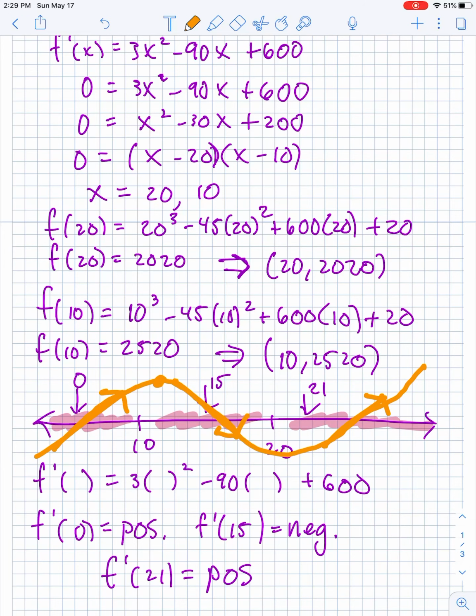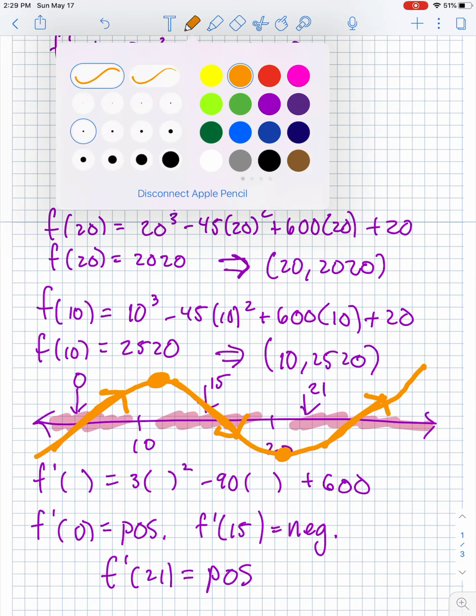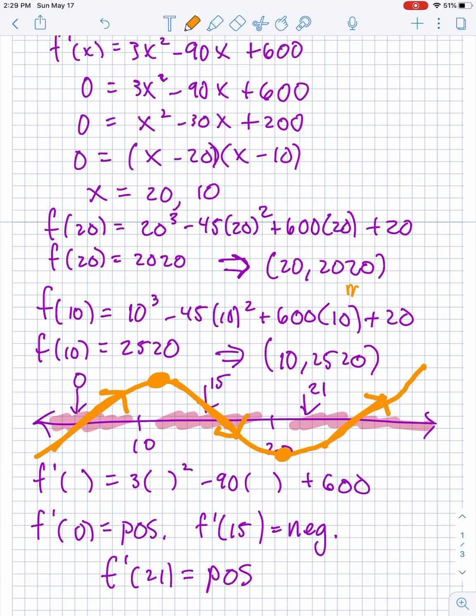So when you put in a 10, that's the top of a mountain. When you put in a 20, that's the bottom of a valley. So that means that this is a minimum, but it's a relative minimum, or local, relative or local, those are both interchangeable terms. Relative minimum, and then that this guy is a relative maximum.